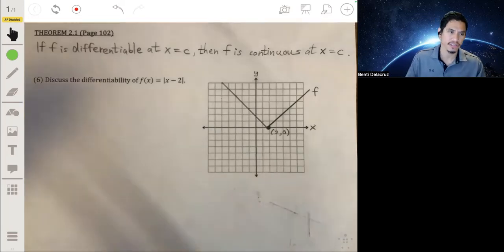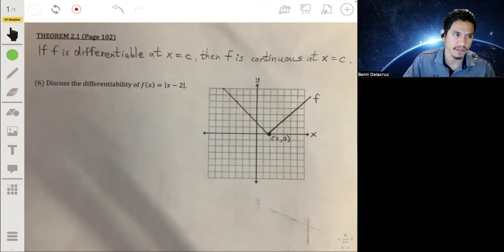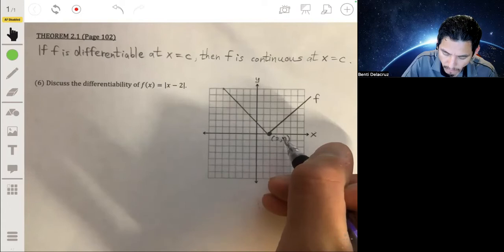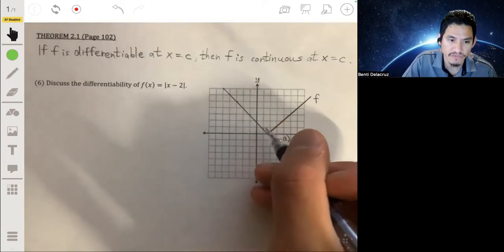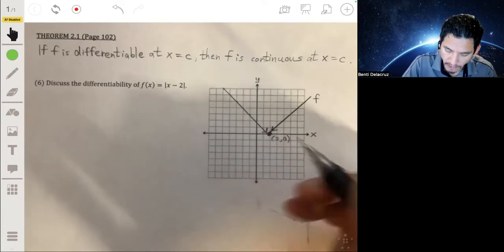Geometrically, if you just look at this and recall what I explained in the previous video, at the point (2, 0) the function is going to fail to be differentiable because it comes off as a sharp point.